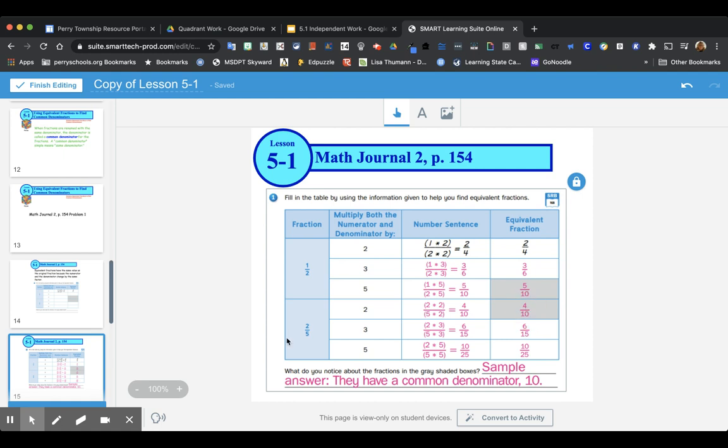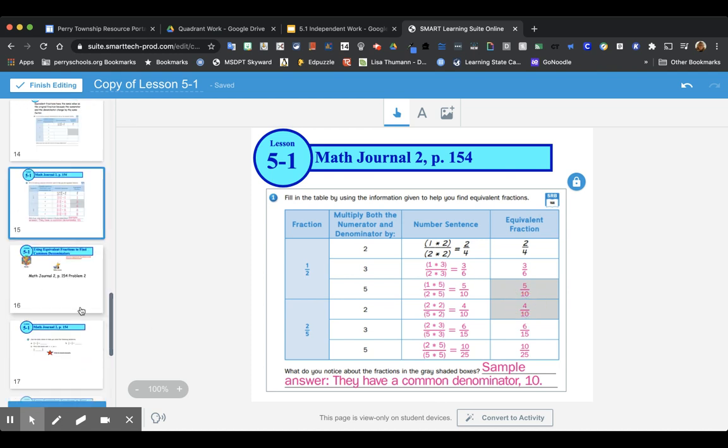We got 4/10 earlier. Now when you multiply it by 3 over 3, you get 6/15. And when you multiply 2/5 times 5 over 5, we get 10/25. And hopefully in your work, you noticed that they have a common denominator in the shaded boxes. They have a denominator of 10, which is going to help us as we move on.